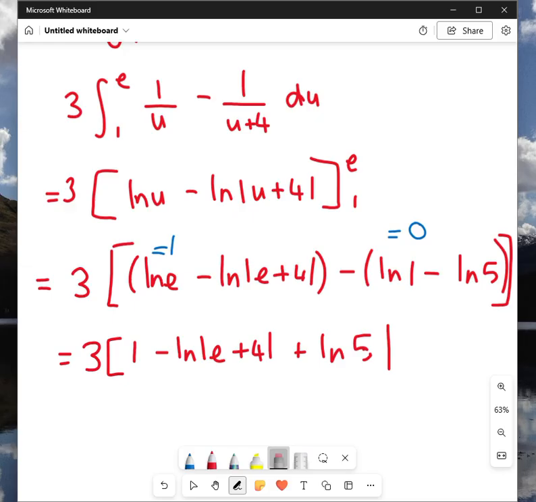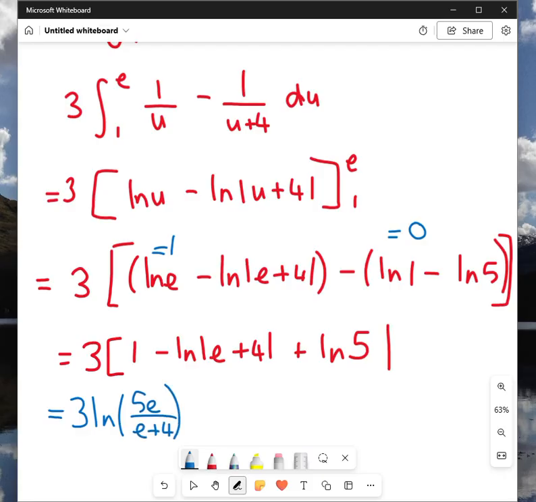So I need to think about what I actually wanted to end up with, because it was a show that question. The question was asking me to prove that the area was 3 log of 5e over e plus 4.